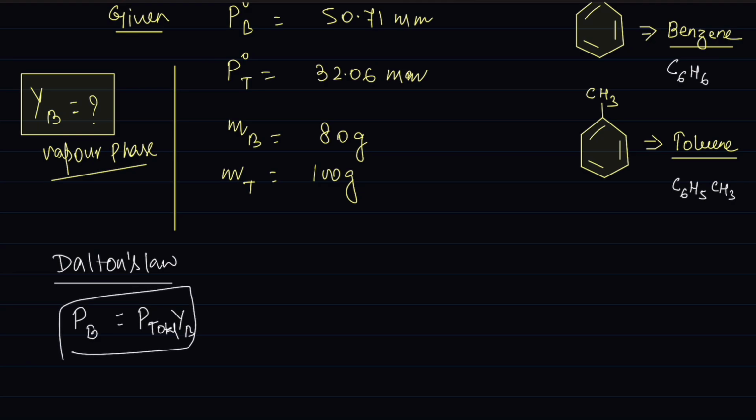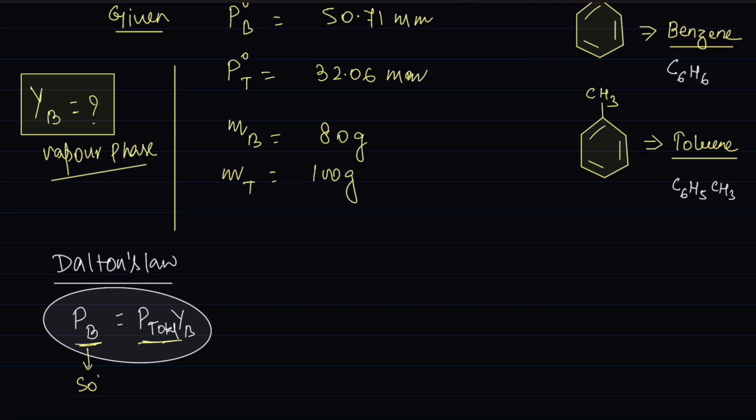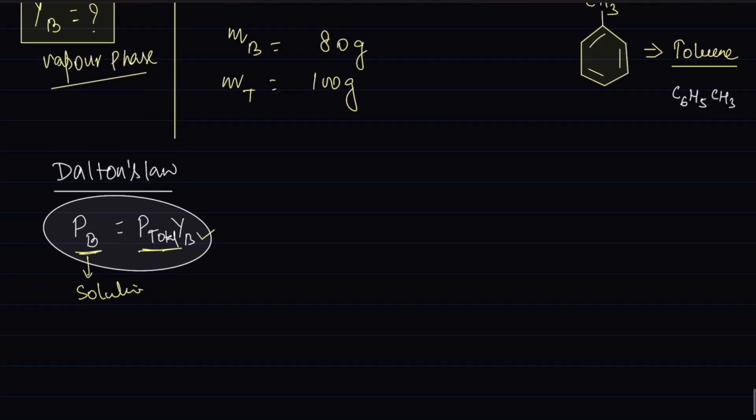We can use this relation, but here we have to find the total pressure. Pressure of benzene is also not given. This is the pressure for solution and this is the pressure for pure form. So we have to first find PB and P total, and then substitute to find the value of YB. To find PB, we can use Raoult's law.